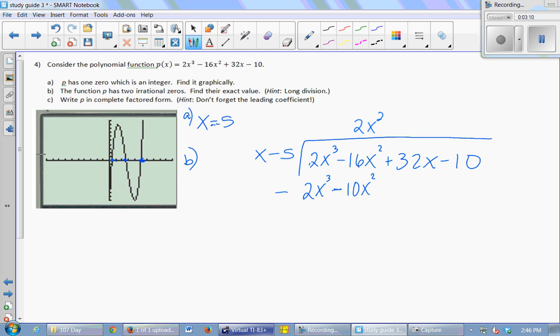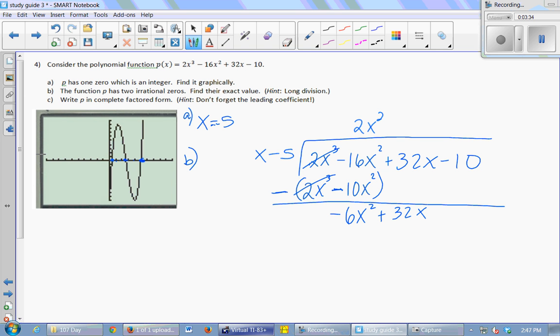And then I have to subtract. So 2x cubed minus 2x cubed goes away. Then I have negative 16x squared minus negative 10x squared, so negative 16x squared plus 10x squared gives me negative 6x squared, and I bring down my 32x.